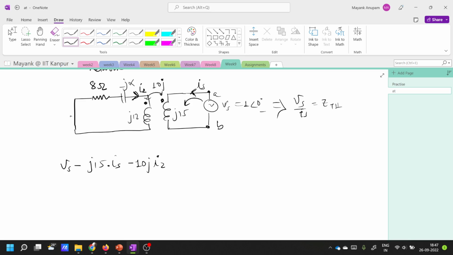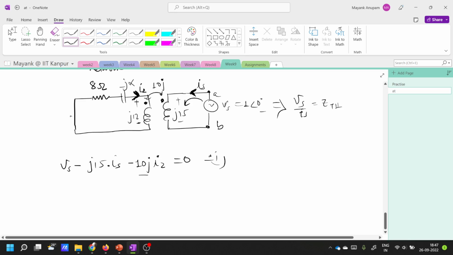This is done because the dot convention here is in agreement with the current directions that we have chosen. Currents are entering both the dots, so the voltages will be in this manner only. This is equal to 0. This is our first equation.